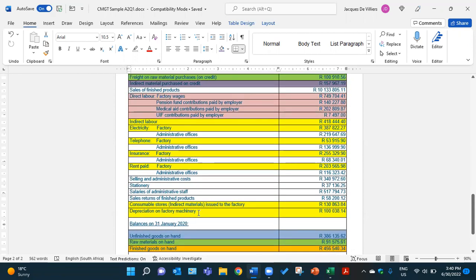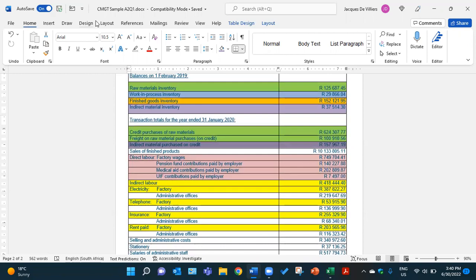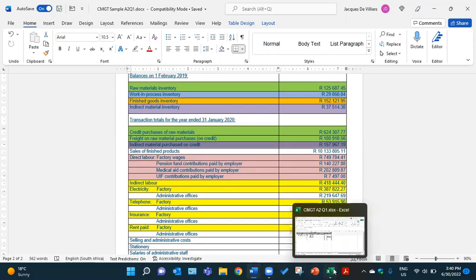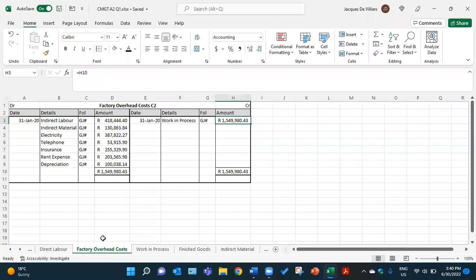We will be given our factory overheads. Let me just see what I did here. Oh, yes. Remember, we did factory overhead cost here. And when we did our factory overhead cost here, we already included our indirect material there.